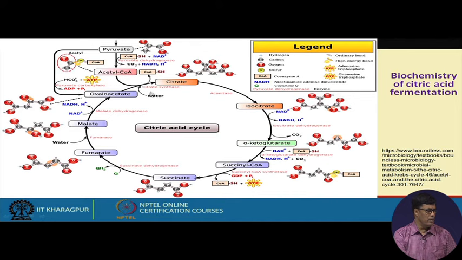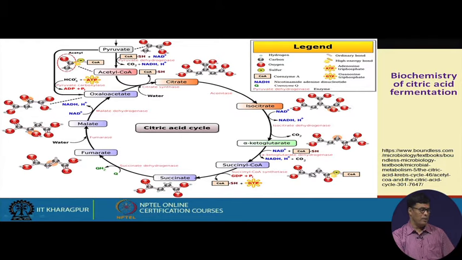When they combine with the help of citrate synthase, they produce citrate. If the TCA cycle continues, it produces isocitrate, alpha ketoglutarate, succinyl CoA, succinate, fumarate, malate and oxaloacetate. This cycle goes on, producing carbon dioxide.